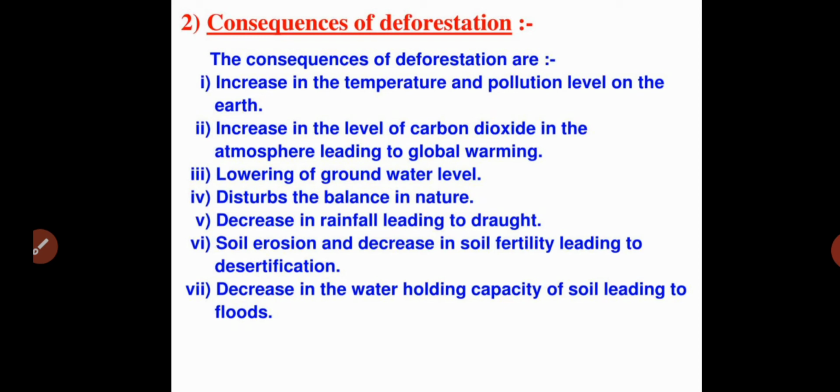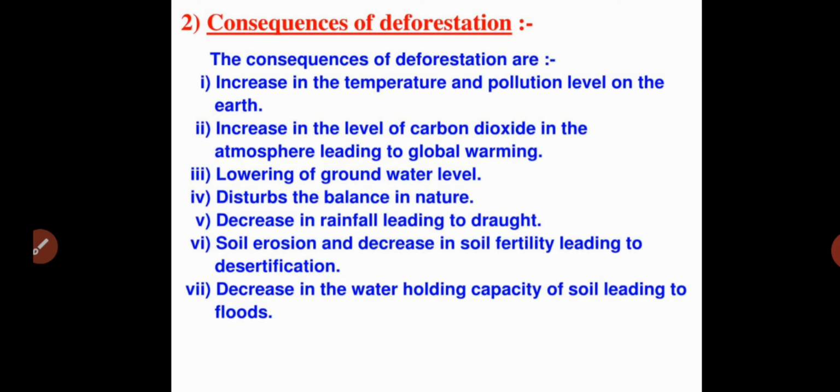Why does soil erosion take place? Because of deforestation. Usually trees and plants hold the soil present on the earth, so when there is no forest, the soil becomes loose. Finally erosion takes place because of wind and water, and the uppermost layer of the soil is lost.